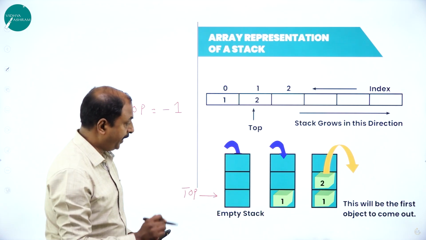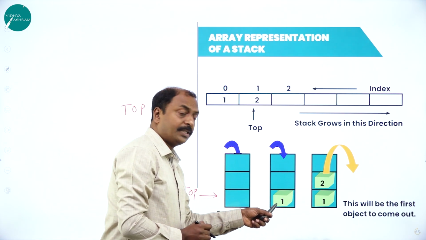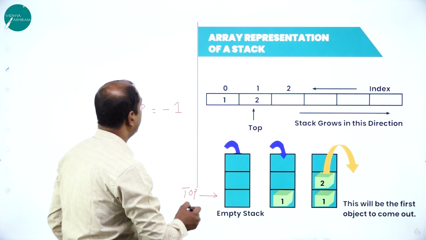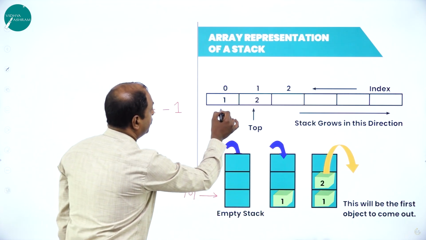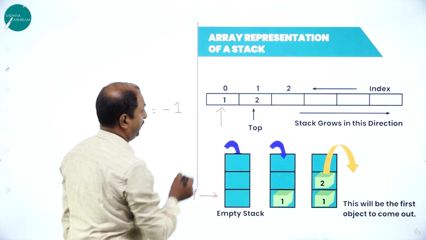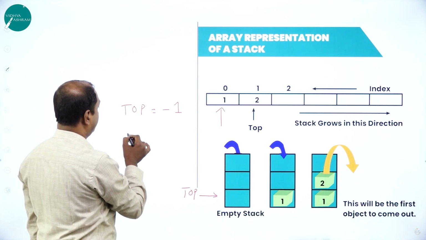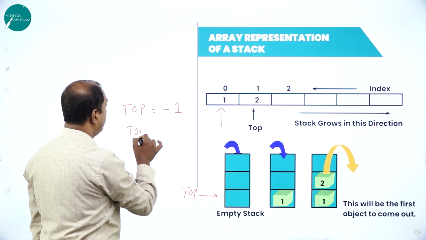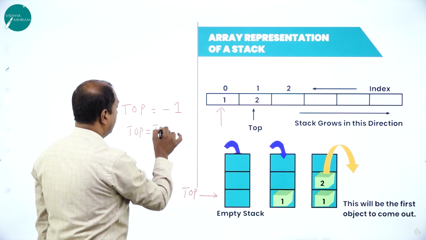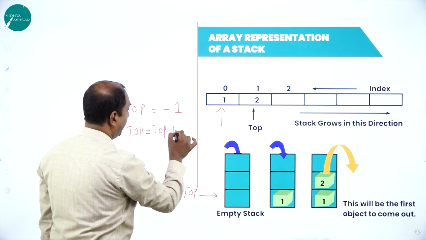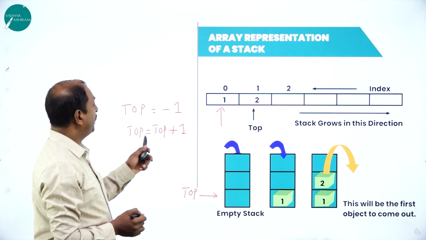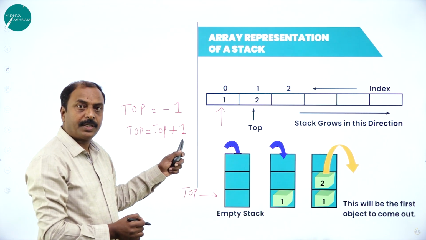There are no elements. Suppose you want to insert one element to it, the top pointer should come to this point. This is index 0. How do we get index 0? Here top equals top plus 1. So we have incremented the pointer top.